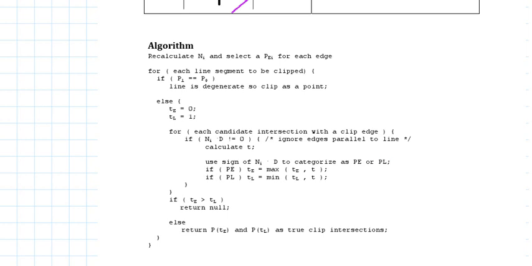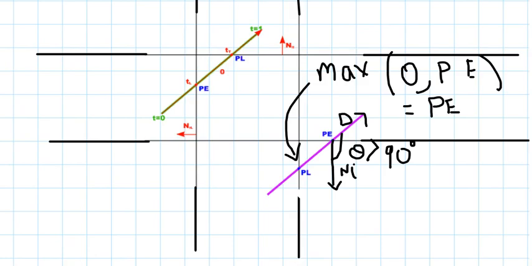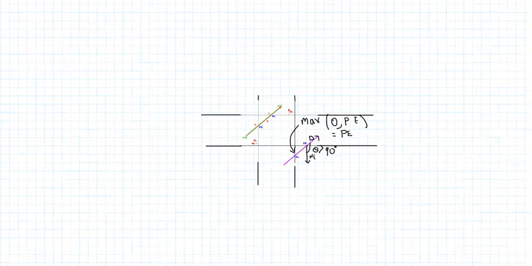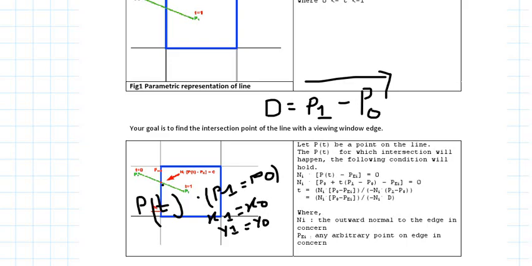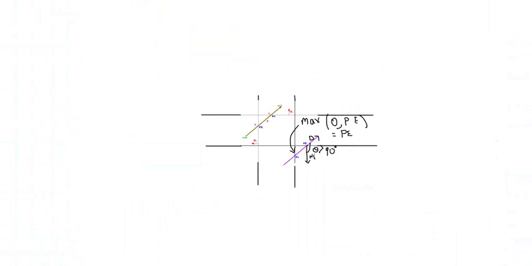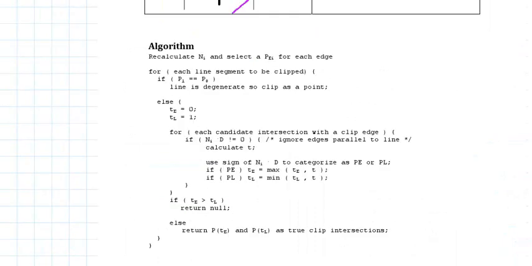That means, if you can go back a little, what we have done, we have categorized the lines as potentially entering or potentially leaving candidates using the sign of Ni dot D. If Ni dot D was greater than 0, it meant that it was potentially leaving.